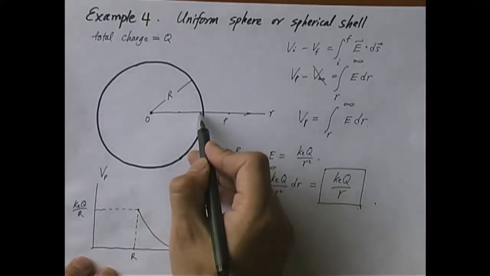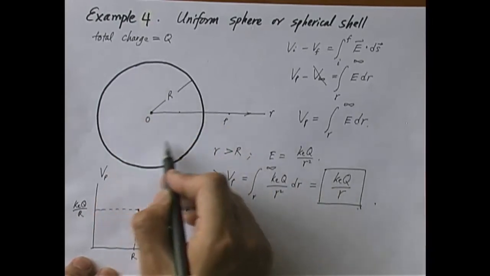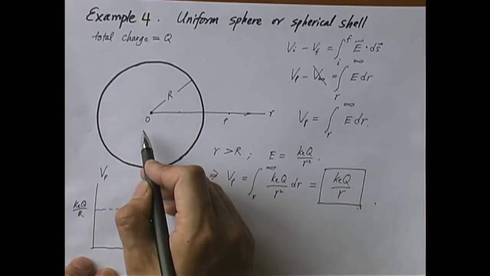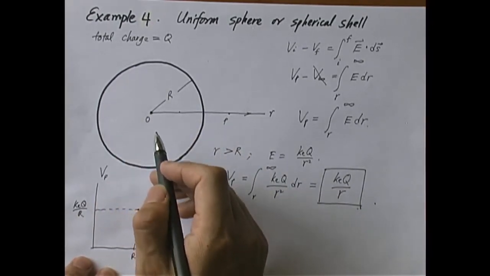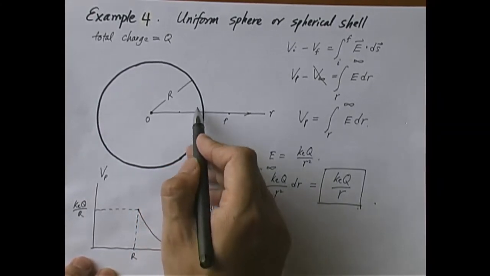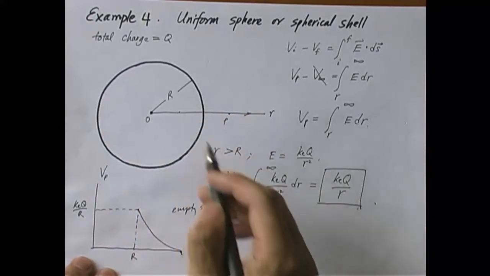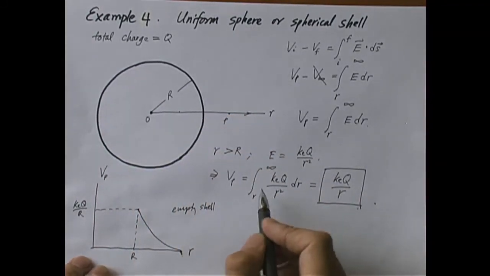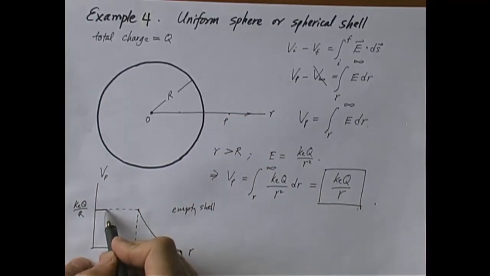And once it is this value here, as you move around inside the shell, would it ever change? No, because the electrostatic field E is 0. So the potential, once it's a certain value inside, will be the same value throughout the entire empty shell interior. So therefore, I conclude that the electrostatic potential should be just a flat line like this, okay?